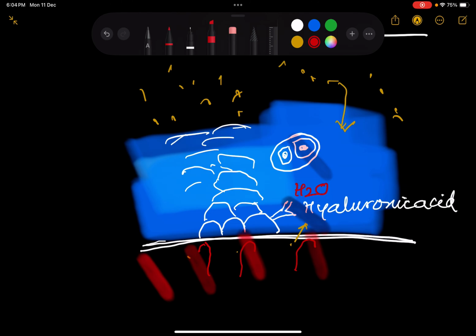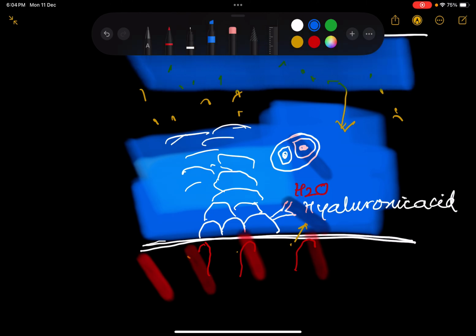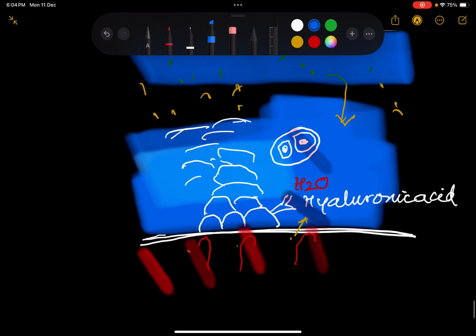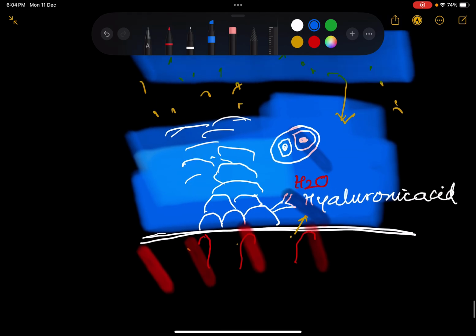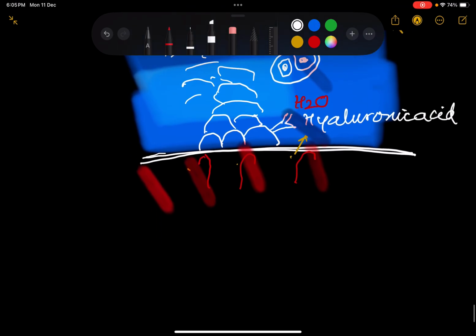Now this synovial fluid between two cartilages, in rapid movement, this synovial fluid is so viscous that it remains in between the two cartilages. Therefore, there is no rubbing off of cartilage, and this type of motion is called hydrodynamic lubrication. It's called fast movement.